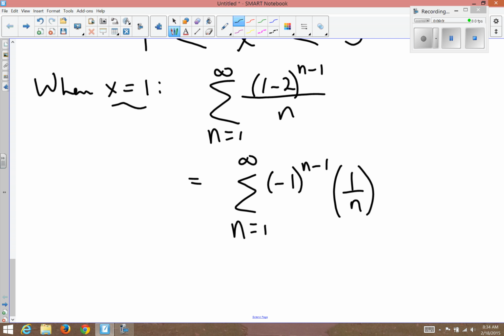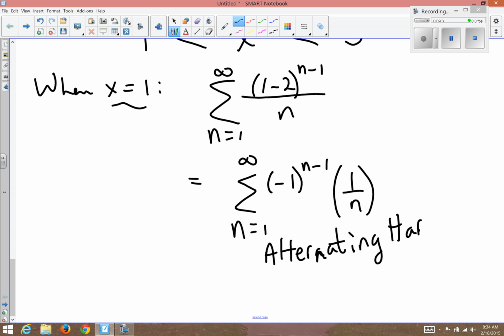You hopefully recognize that this is the alternating harmonic series. Alternating because of the negative 1 raised to the n minus 1 times this harmonic part.